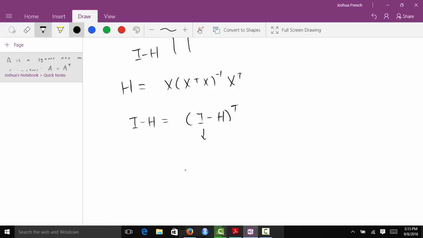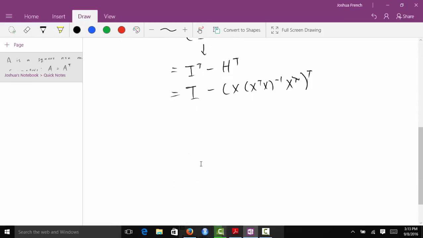So I minus H transpose is going to be I transpose minus H transpose. And using substitution, so erase that so we don't get confused there. So I minus H transpose is I transpose minus H transpose, but the identity matrix is symmetric, so we just get I, and then H transpose is going to be X times X transpose X inverse X transpose, and then the whole expression transpose.